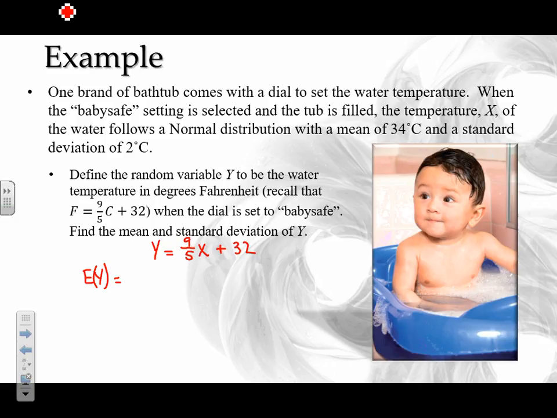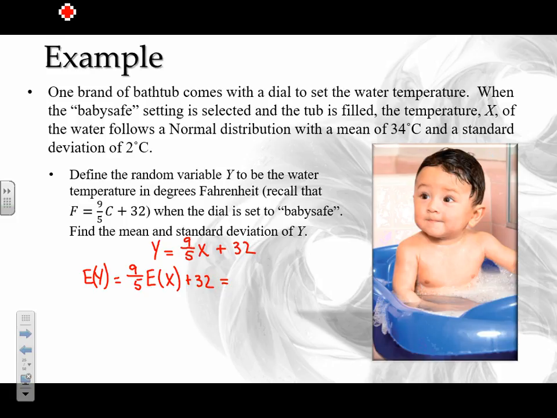to calculate the mean, I would do what? I would take 9/5 times the expected value for x, right? And then add 32. Everything changes the mean, multiplication and addition alike.